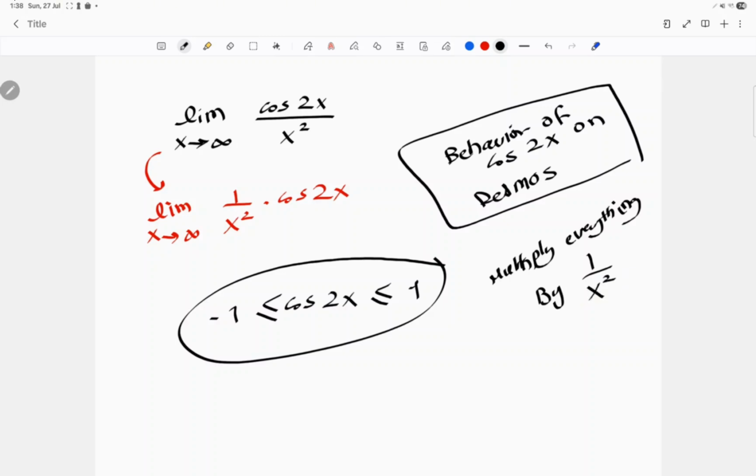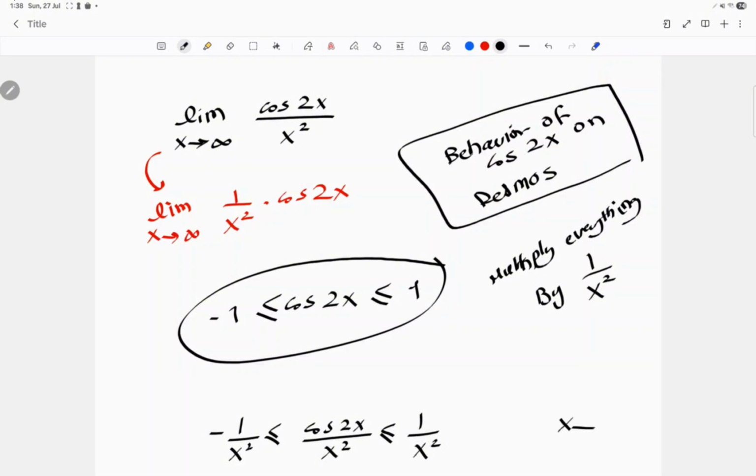What's -1 times 1 over x squared? -1 over x squared. What's cosine 2x times 1 over x squared? Cosine 2x over x squared. What's 1 times 1 over x squared? 1 over x squared.